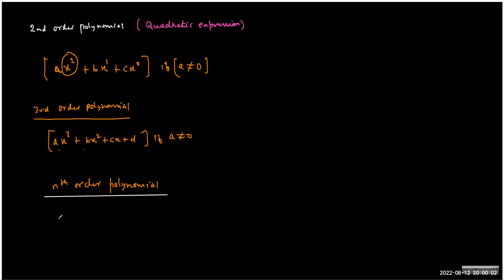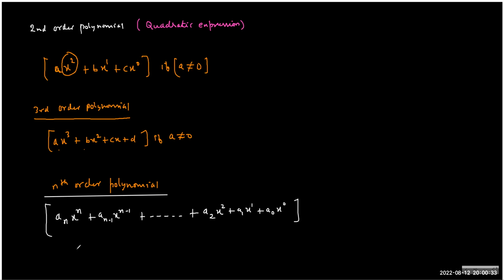So the way of writing is we use subscript notation. So we can write a_n x to the power n, something like this. You can add a_(n-1) x^(n-1), and then going on, a2, then a1, then a0. And we are done. This is how we represent it.